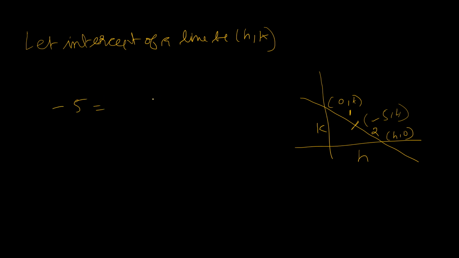What is the formula for x? m1 x2 plus m2 x1 by m1 plus m2, where m1 is equal to 1 and m2 is equal to 2. So m1 x2, 1 into 0, plus 2 into h, m2 x1, by m1 plus m2, by 1 plus 2, right?